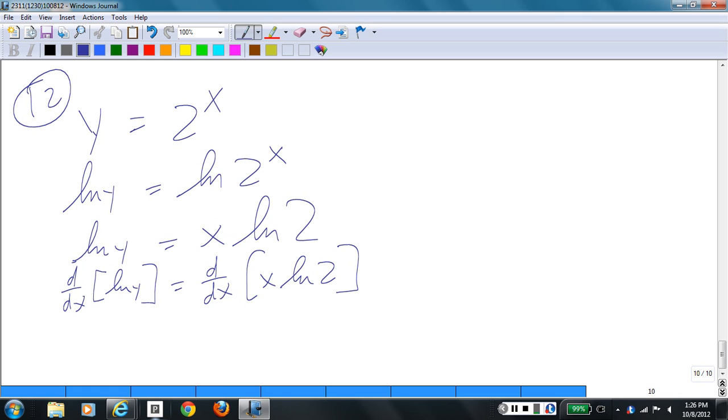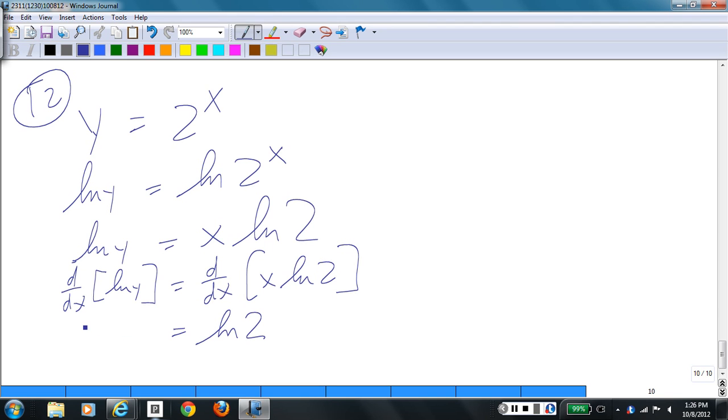So the derivative of that right-hand side is just ln 2. You could use the product rule if you wanted to, but the derivative of the natural log of 2 is 0. So the derivative of a constant times x is going to be that constant.